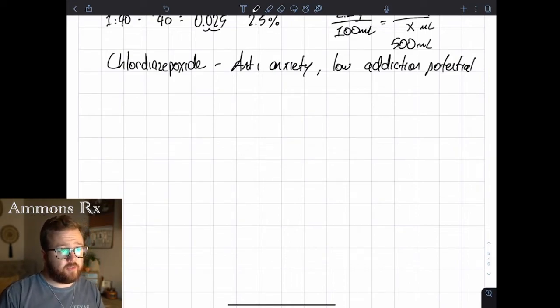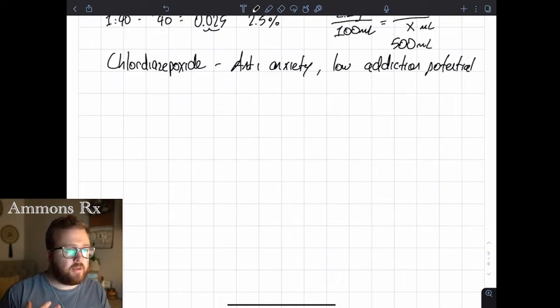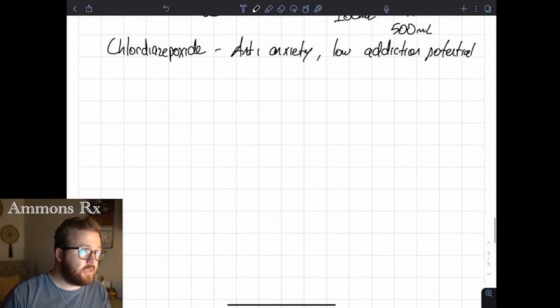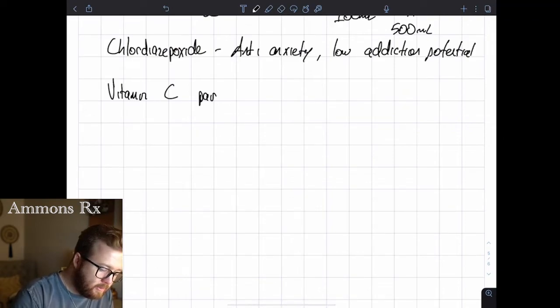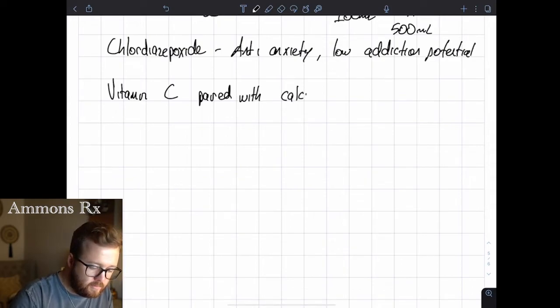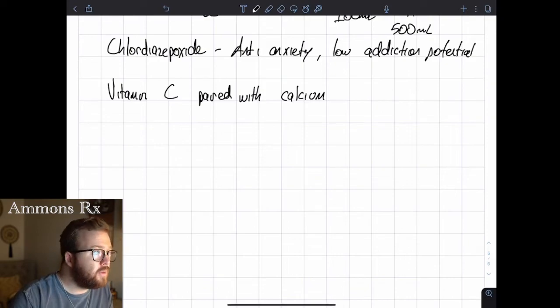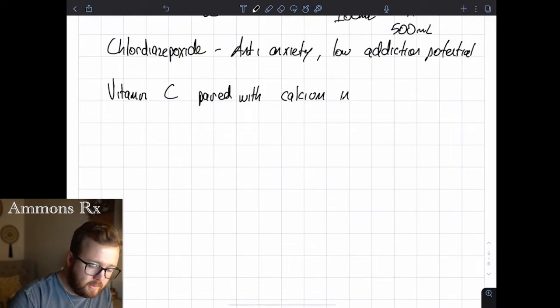People with osteoporosis that take calcium, a lot of times they need something else to help them absorb that calcium and help them build their bones, and it usually involves vitamin C. So vitamin C is usually paired with calcium in patients with osteoporosis.